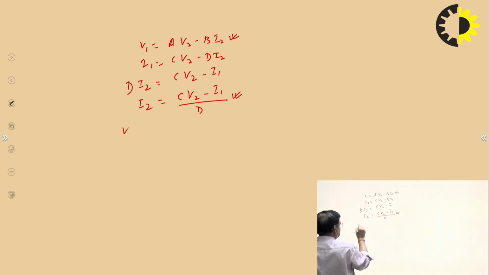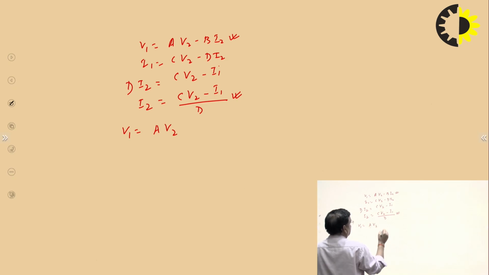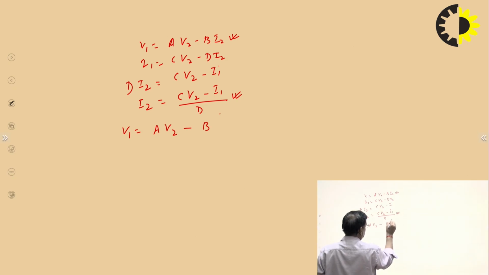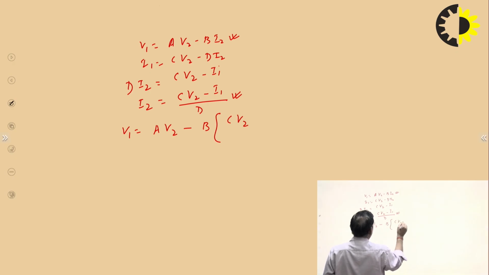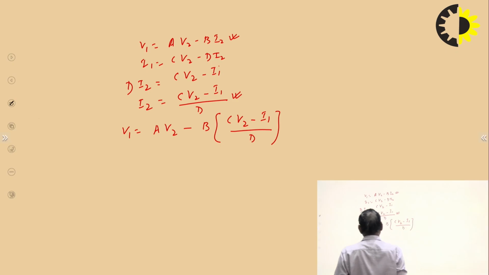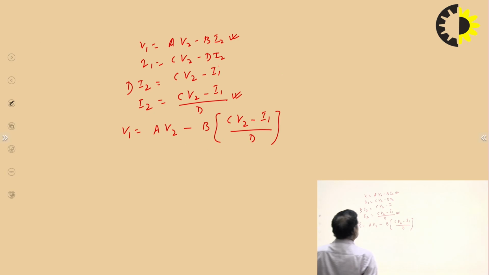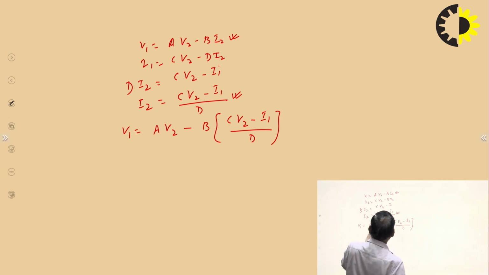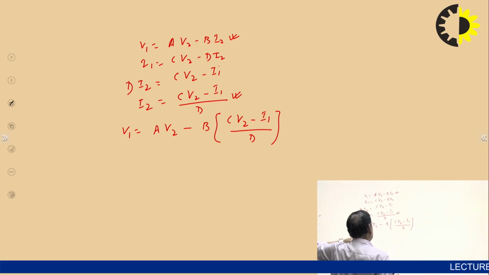So V1 is A V2 minus B times C V2 minus I1 upon D. Okay. So we are going for V2 upon V1.